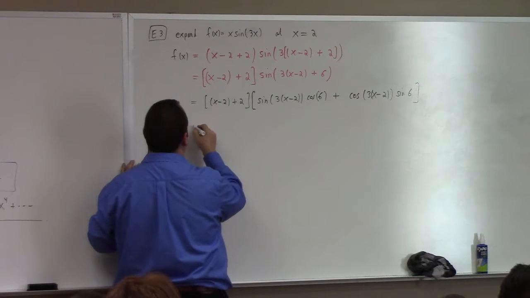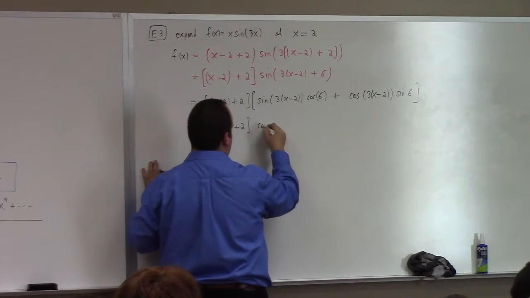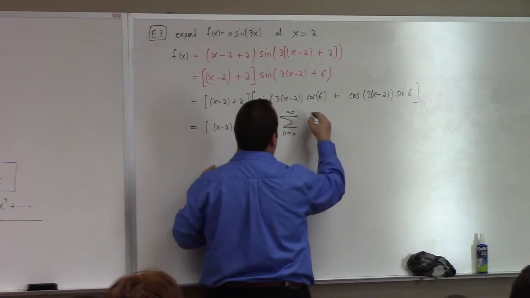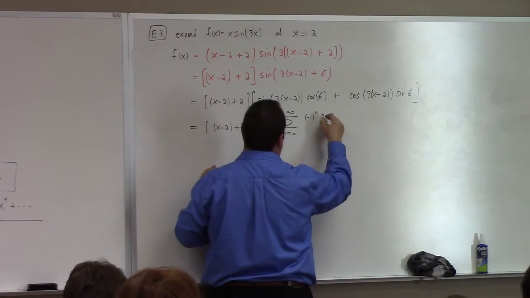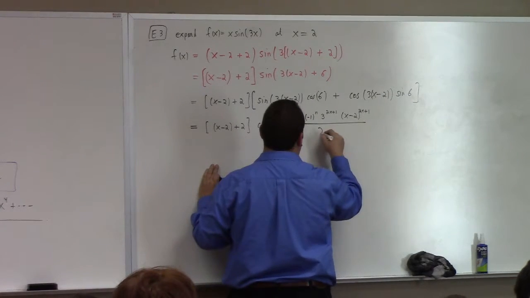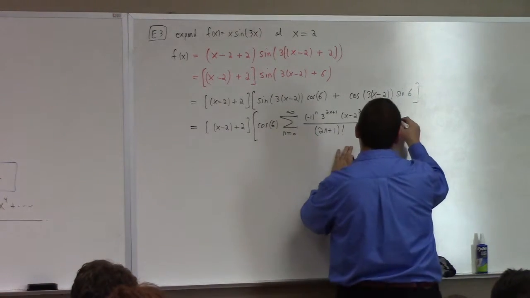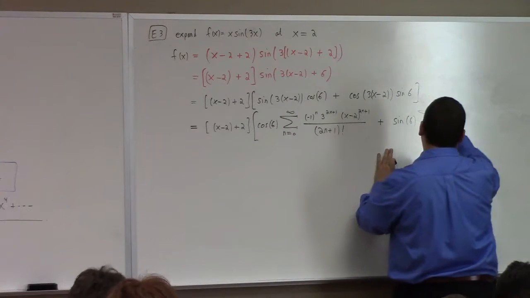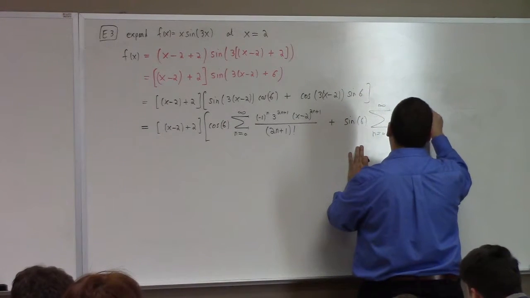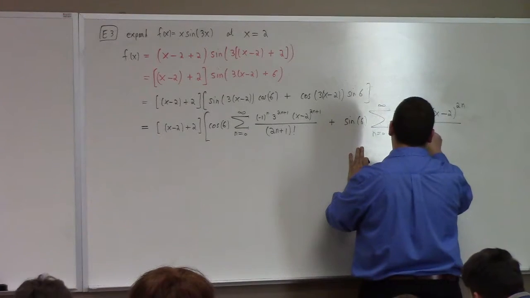So I can rewrite this whole thing as x minus 2 plus 2 times cosine of 6 times the sum, n equals 0 to infinity, of minus 1 to the n, 3 to the 2n plus 1, x minus 2 to the 2n plus 1, divided by 2n plus 1 factorial, plus the sine of 6 times the sum, n equals 0 to infinity, minus 1 to the n, 3 to the 2n, x minus 2 to the 2n, divided by 2n factorial.